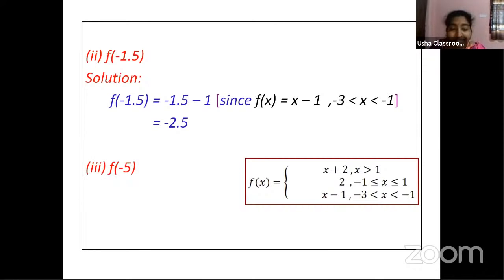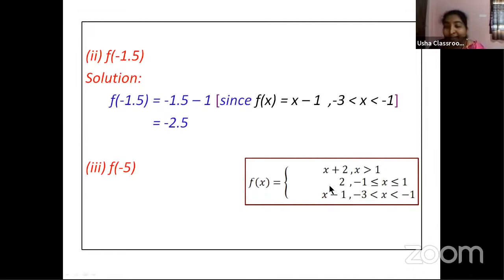Right? Now, the next bit I would like to take is f of minus 5. Can you people just tell me where this minus 5 lies, in which interval? Can you please check and tell me? Hope you found somewhere. No?